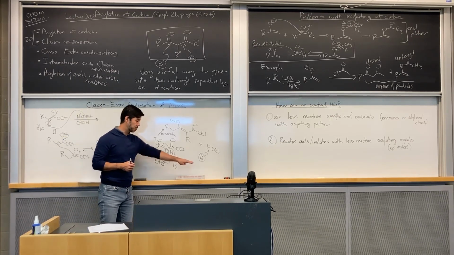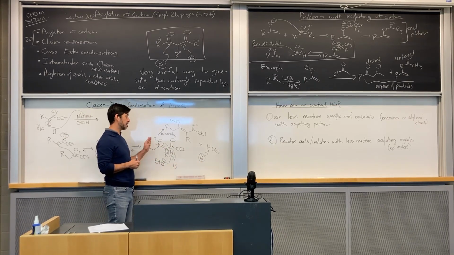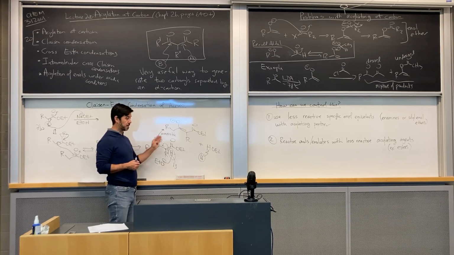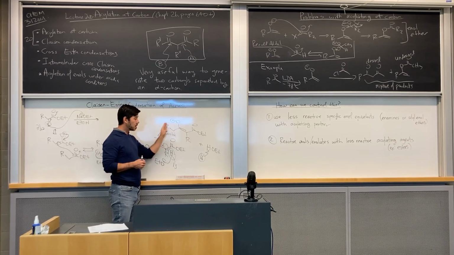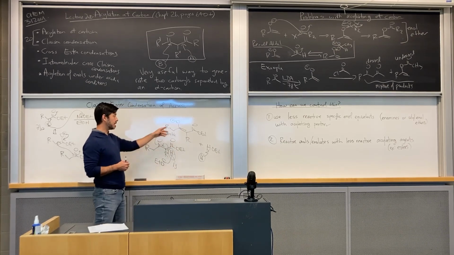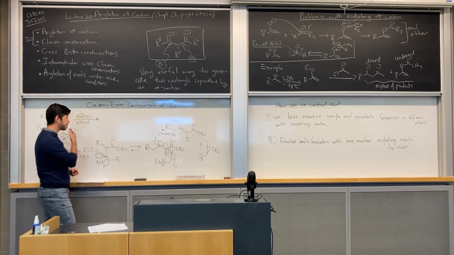So you can see here that the weaker acid is here, 16, compared to 13. So this is the irreversible step. And this delocalized carbanion or enolate like this will stay in solution until you do your workup step.